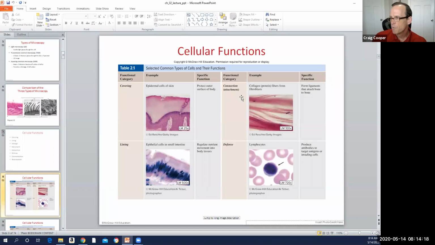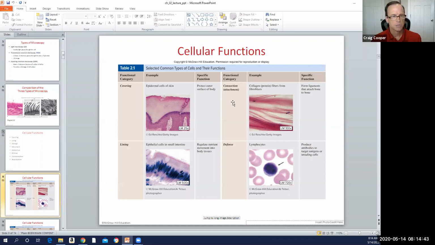If we look over to the right, we've got some cells that are going to serve to connect things. And so when we talk about connective tissues, those are the cell types that are going to kind of hold us together. Underneath our skin, we have fascia, which is a sheet of connective tissue that helps compartmentalize different muscles and different areas in the body.